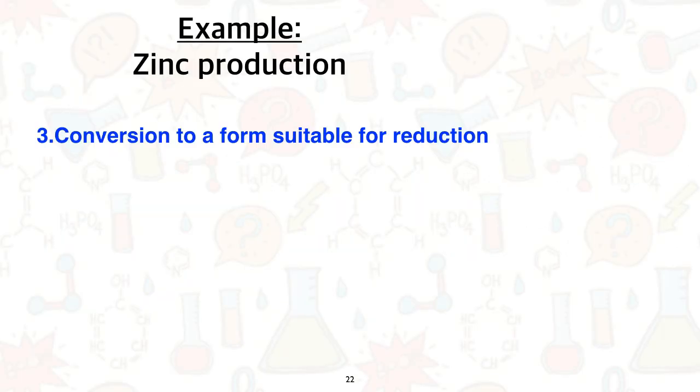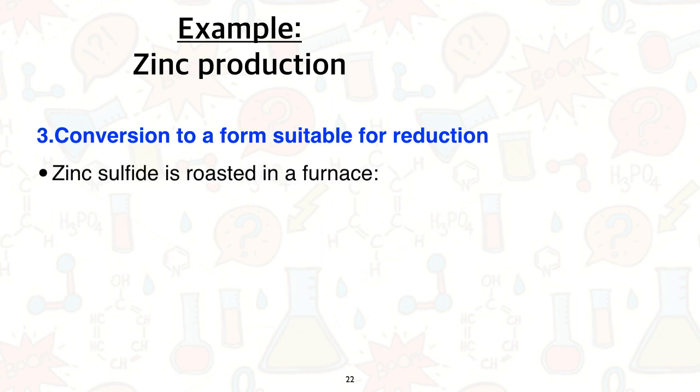Okay, so for part 3, conversion of the zinc compound to a form suitable for reduction. So we're going to convert the zinc compound into a form that allows for the reduction of zinc. The first step is called a roasting process. That's where we react it with oxygen under high temperatures in a furnace.